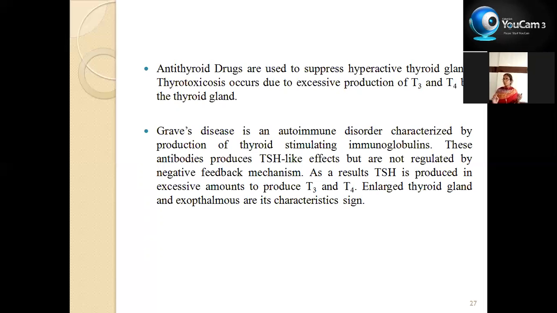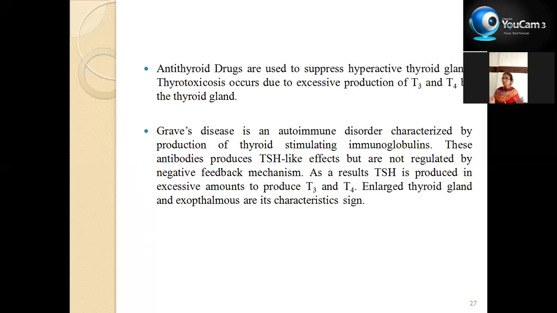Graves' disease is an autoimmune disorder characterized by production of thyroid stimulating immunoglobulin. The antibodies produce a TSH-like effect but are not regulated by the negative feedback mechanism.